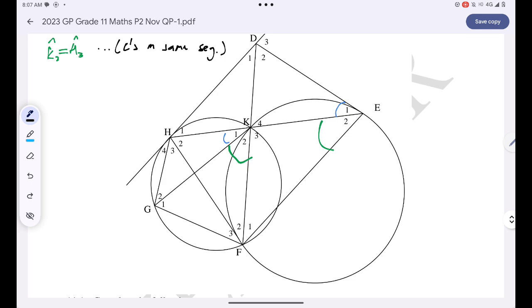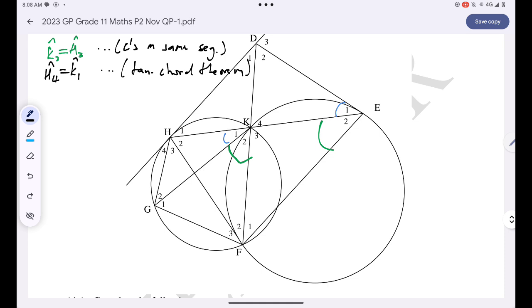And then I know that H4 is equal to K1. Why? Tan chord theorem. Are we together?